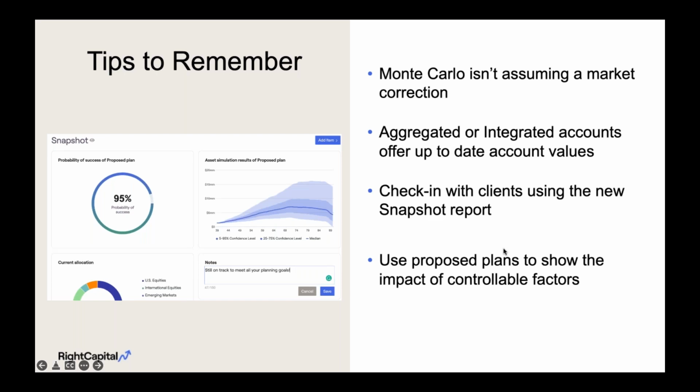Additionally, utilizing aggregated or integrated accounts versus just assigning value to a client's net worth through, let's say, broad asset classes is going to be much more preferred in these types of scenarios.